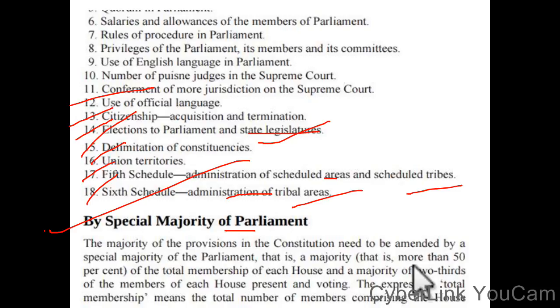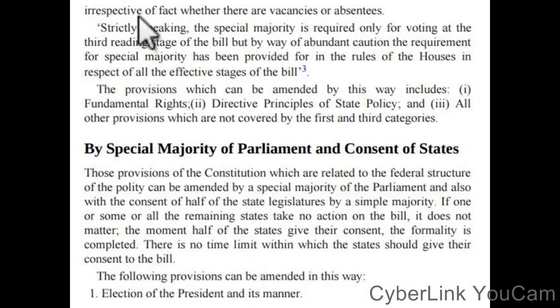That is, a majority of more than 50% of the total membership of each house, and a majority of two-thirds of the members of each house present and voting. The expression total membership means the total number of members comprising the house, irrespective of whether there are vacancies or absentees.